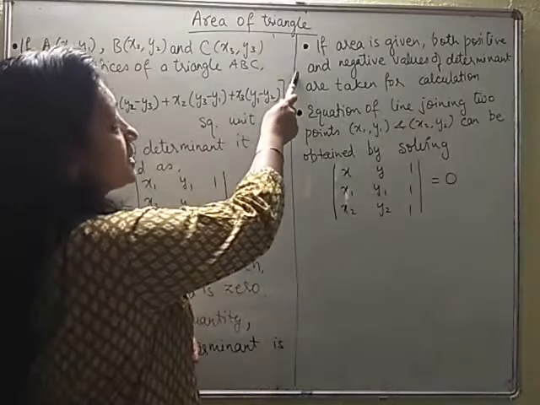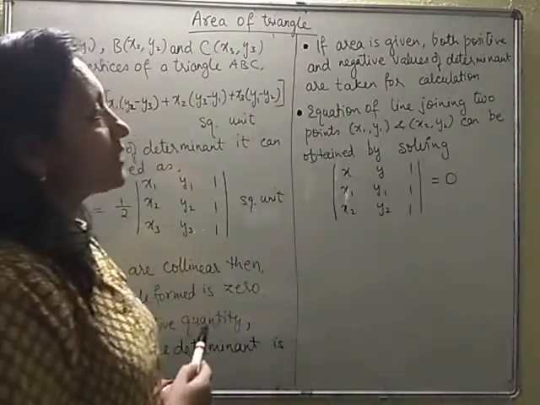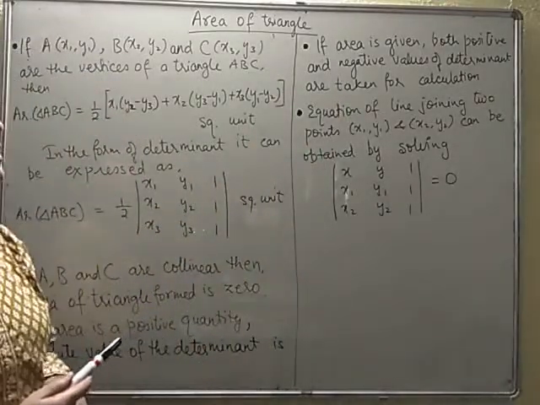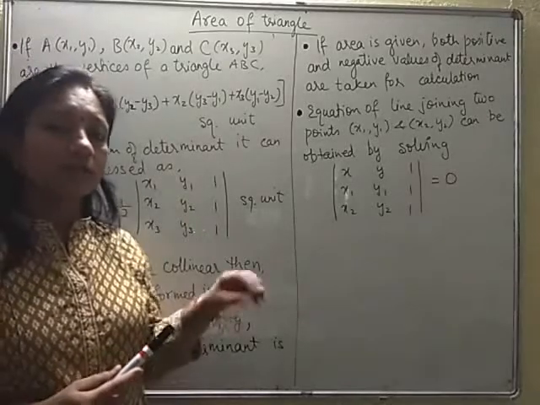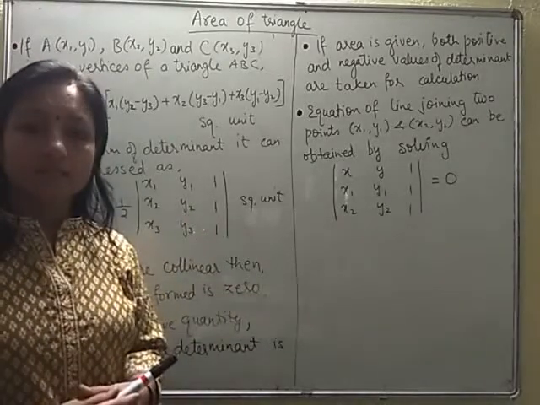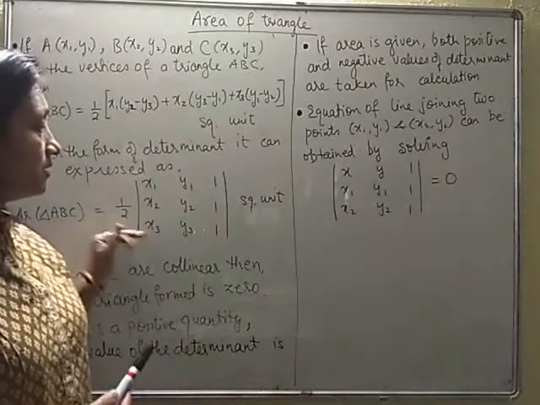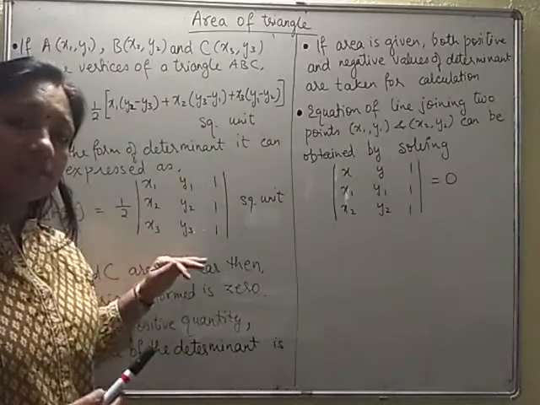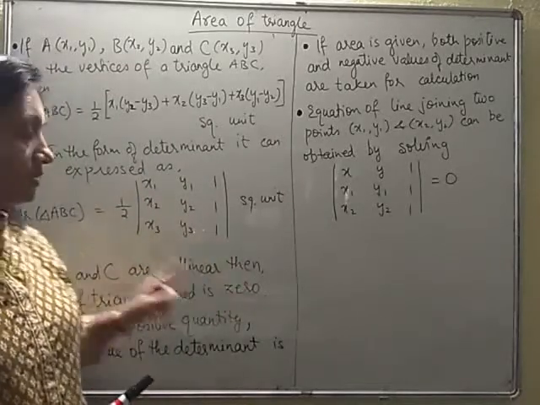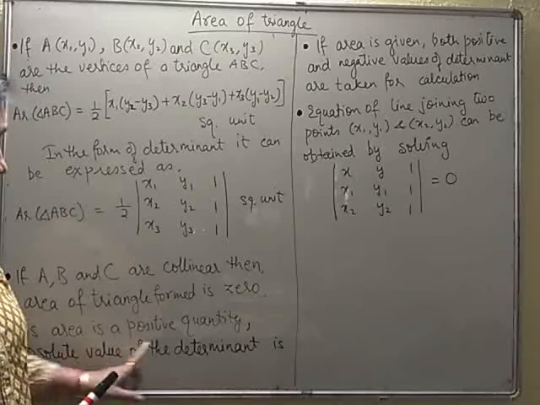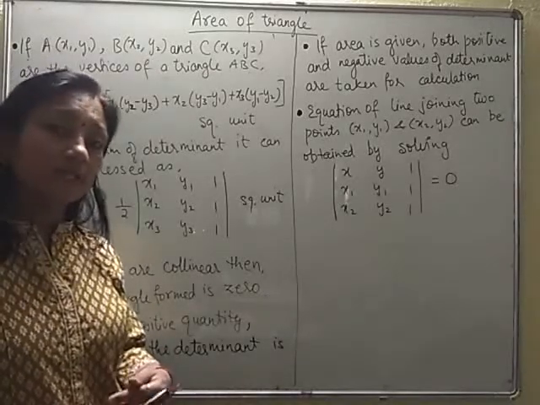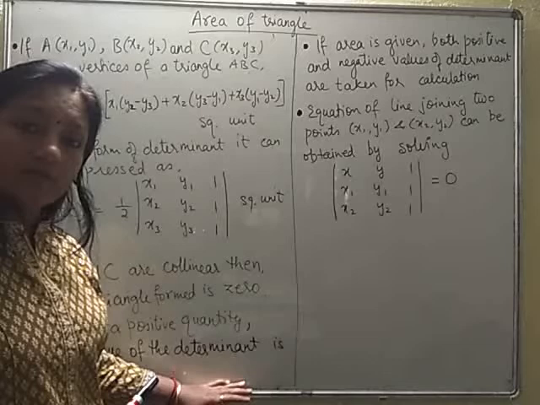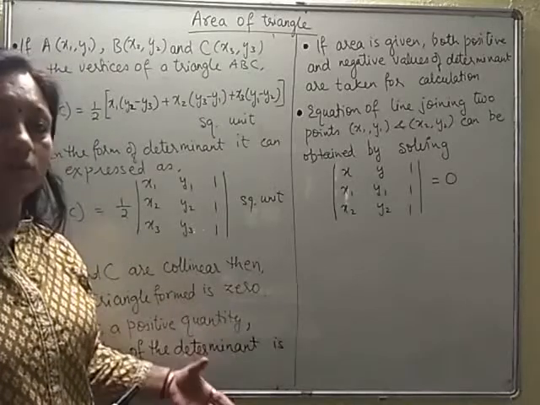Then if area is given, then both positive and negative values of determinant are taken for calculation. Suppose you are told the area of triangle is 30. So maybe the value of determinant was minus 30 or it was plus 30. But as I said, area is a positive quantity, so when we use the term area for the value of determinant, it cannot be negative.